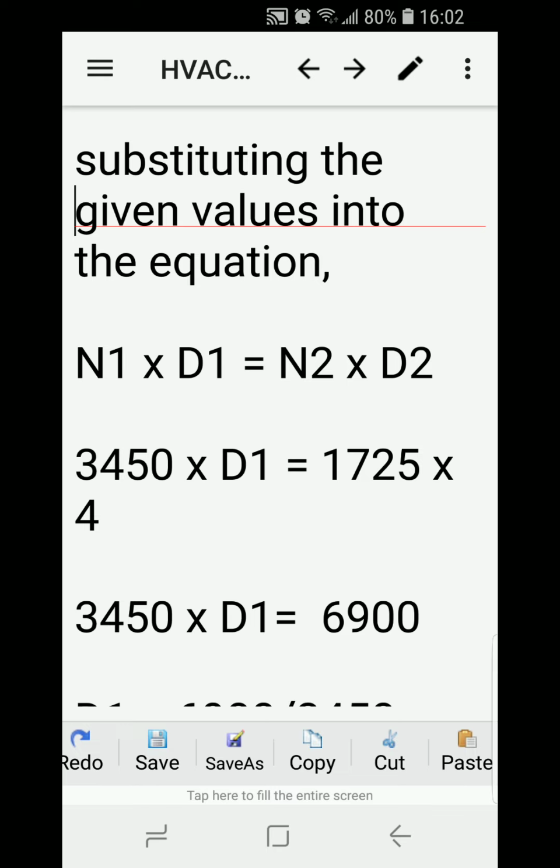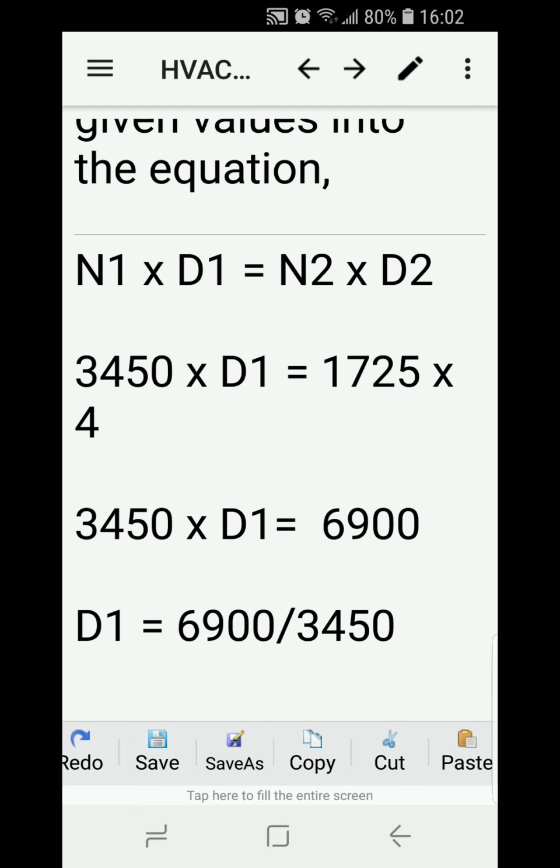So 3450 times D1 is equal to 6900, and D1 would be 6900 divided by 3450.